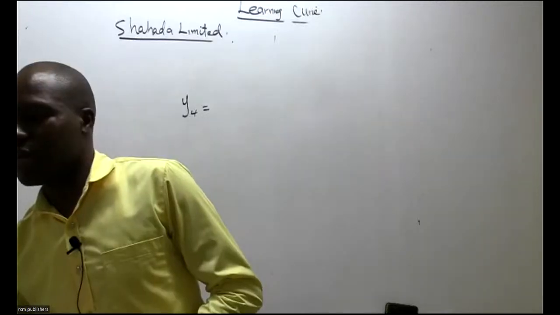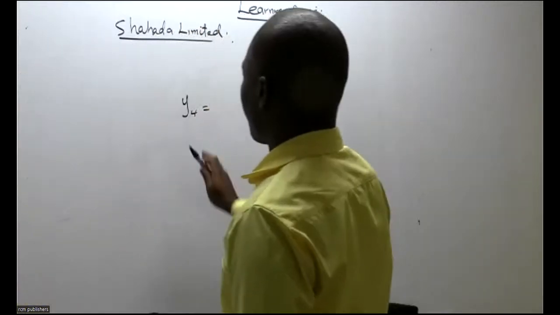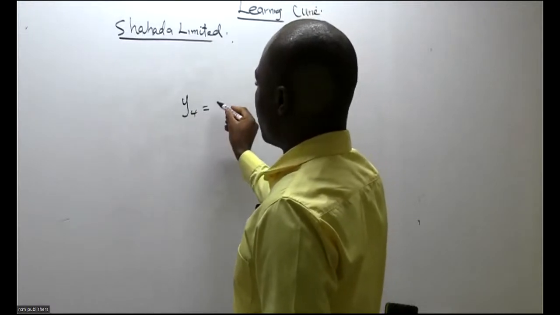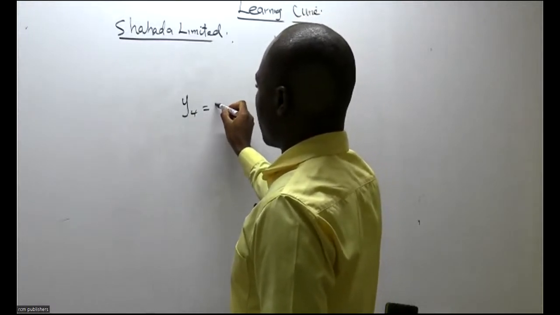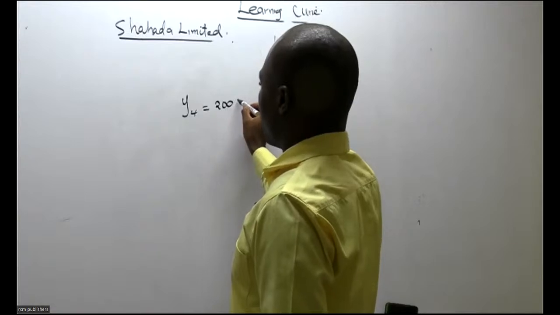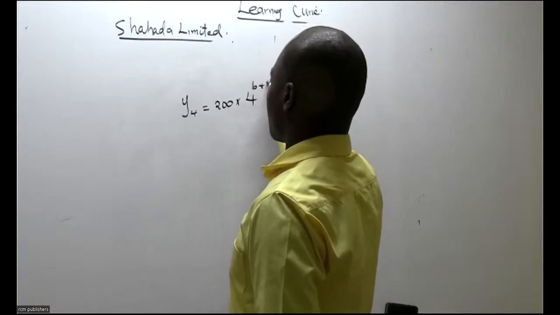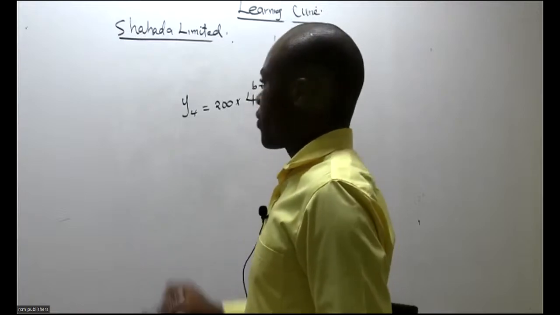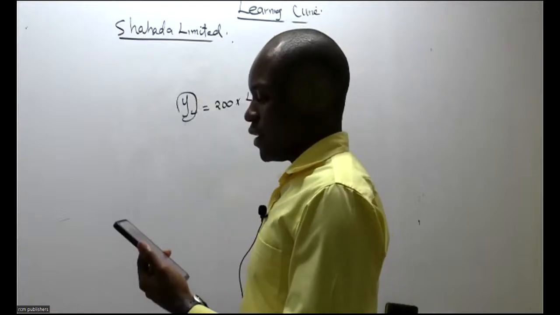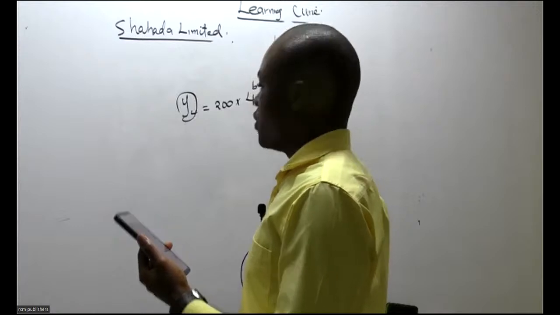Let's see if you are going to have something close to that. Y4 is equal to the hours for the first unit multiplied by X, which is 4, raised to power B plus 1. We already have this as 648.